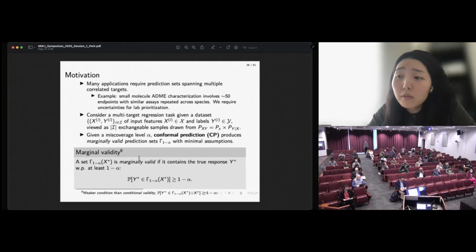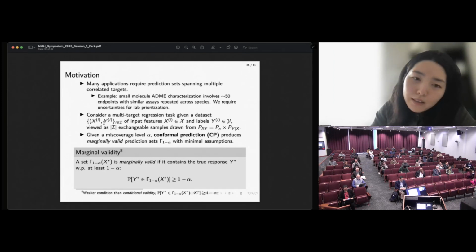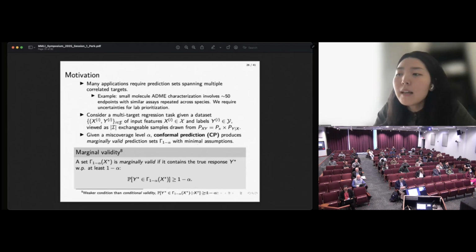So for a small molecule design, for example, we might measure over 50 properties, but these properties are highly correlated because they are the same kind of assay that's just repeated across different species. So we're in the business of doing multi-target regression, where we're given an exchangeable data set containing ordered XY pairs, where X is the embedding or some representation of molecules, and Y is the d-dimensional vector label.